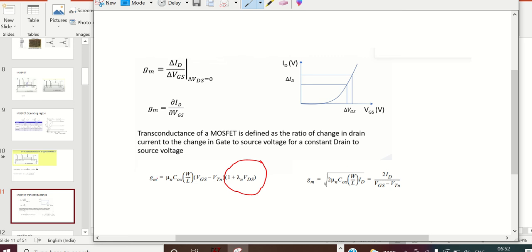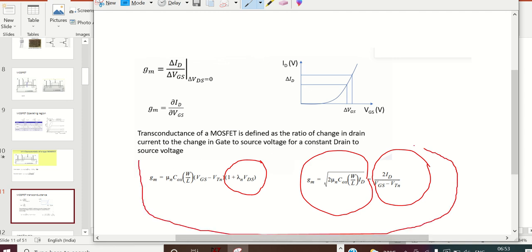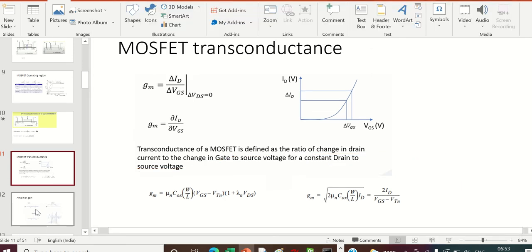The same gm equation can be represented in this form, which is equal to square root of 2 mu n Cox W by L Id, and in this form also, Id by Vgs minus Vt. I think it is good that you can remember these three formulas. It is a nice equation to know that gm is this.